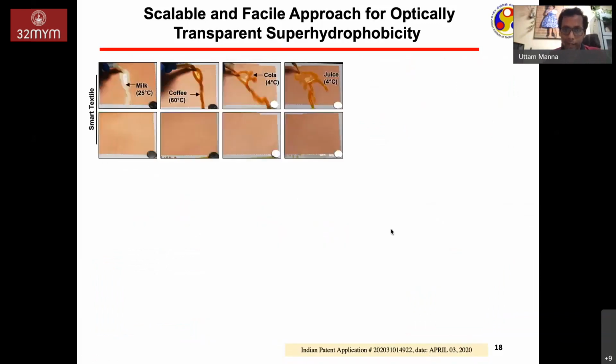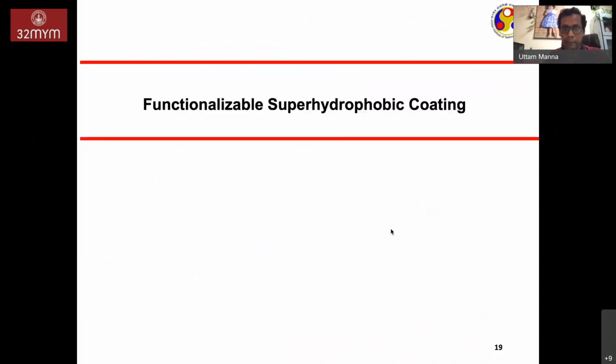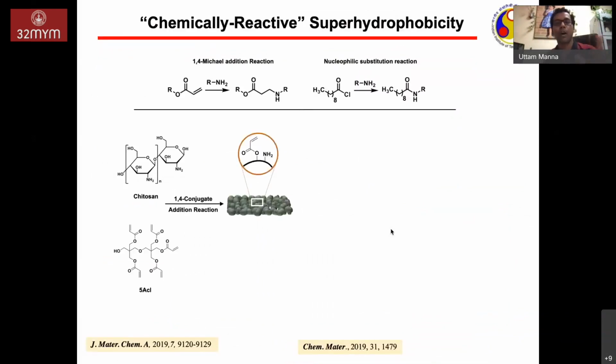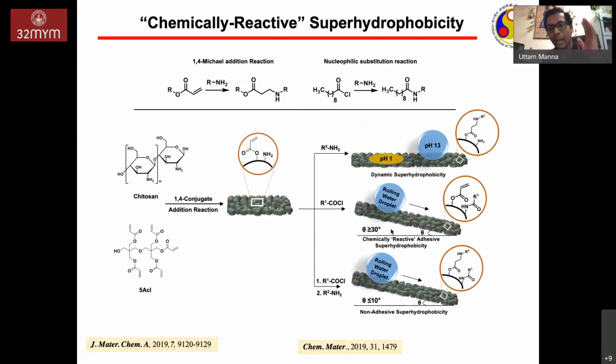Now, just very quickly, I'll give you another aspect of our research where we want to develop functional, reactive superhydrophobicity. When you talk about superhydrophobicity, people conventionally make the top layer chemically inert, right? Either a hydrophobic gel or fluorinated molecules, right? They are chemically inert. Now, is it possible to get chemically reactive superhydrophobicity or dynamic superhydrophobicity?